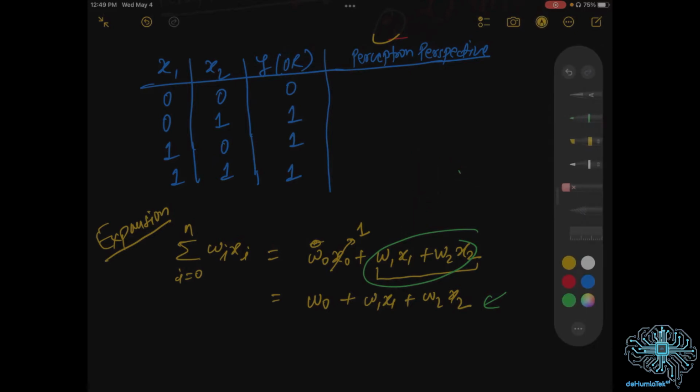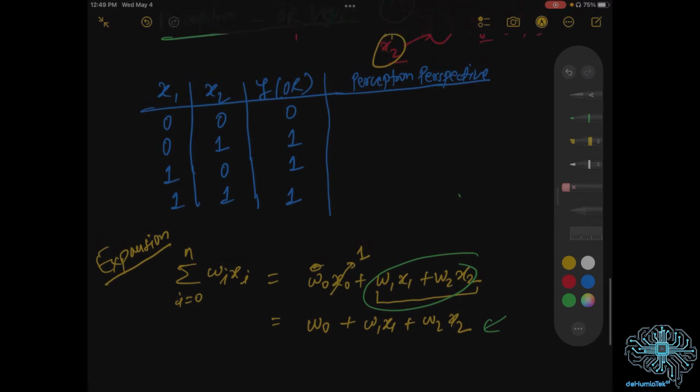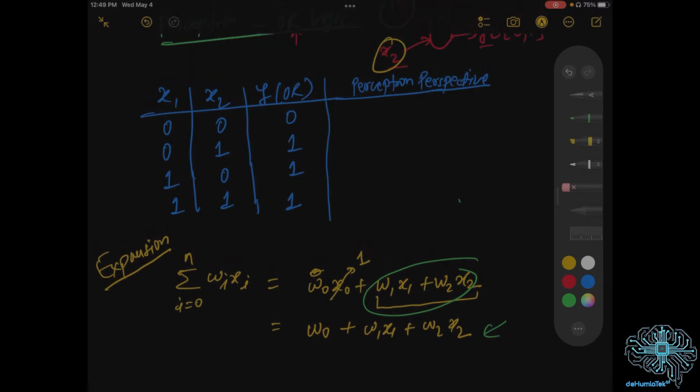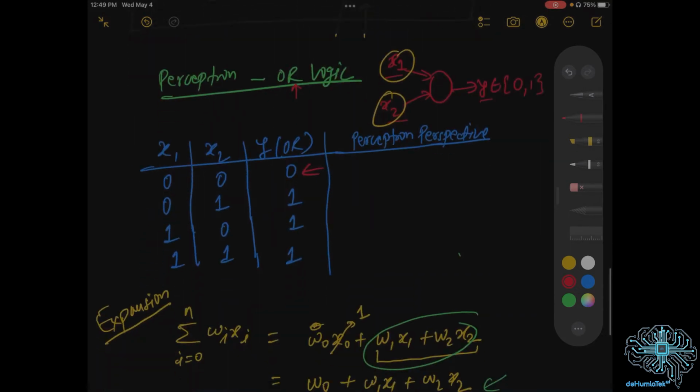So now for the first case the output will be 0. This neuron won't fire at this condition, right? So it will be smaller than 0.